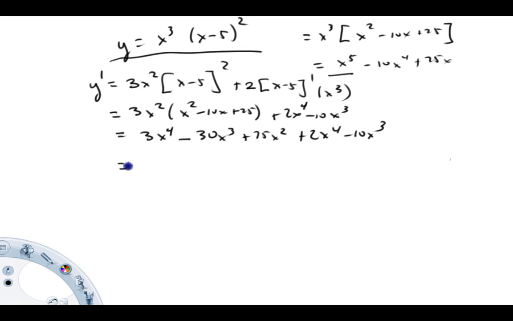We can simplify this a little bit. 3x to the fourth plus 2x to the fourth is 6x to the fourth, minus 30x cubed minus 10 more is minus 40x cubed, plus 75x squared.